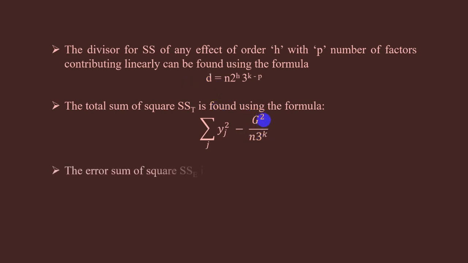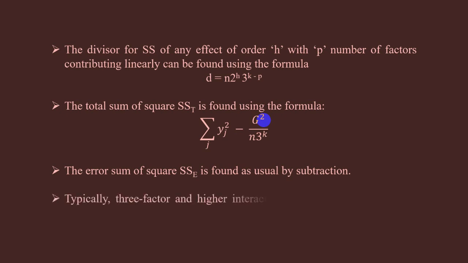The error sum of square, again we find as usual using the subtraction. So we have total sum of square, and we also discussed the computation of sum of square for all the main effects and interaction. So once you have total sum of square, you can subtract the sum of square for all the main effects and interaction from the total sum of square, and you will get the error sum of square.